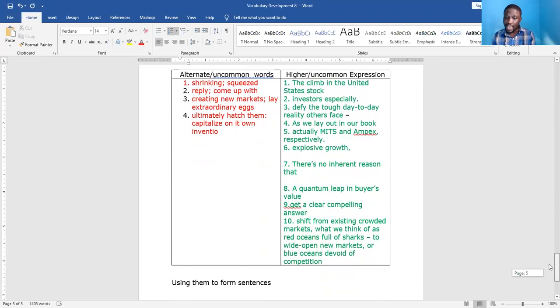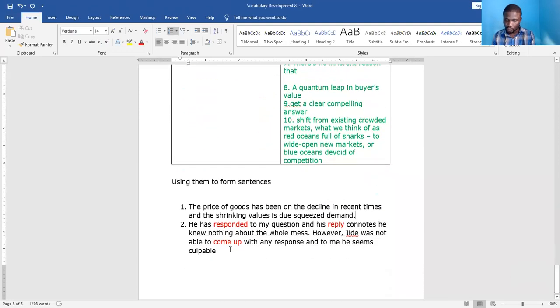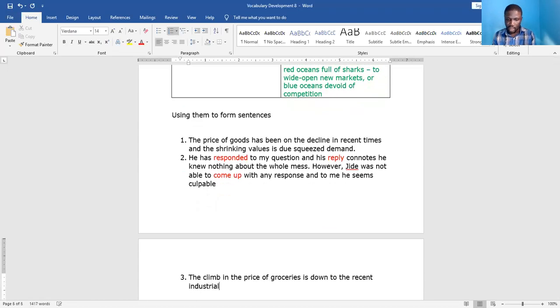Let me use a higher or common expression. The climb in the price of groceries is down to the recent strike or industrial action.